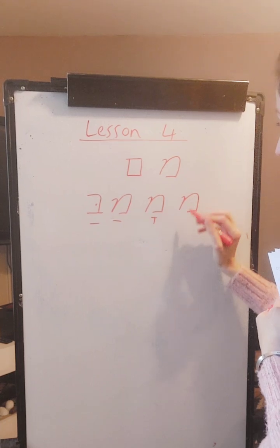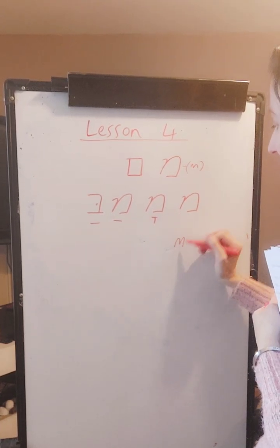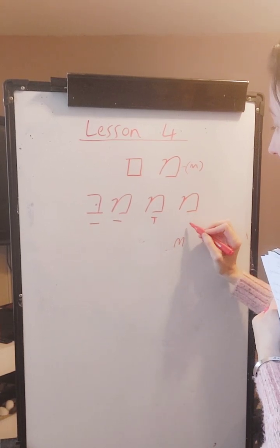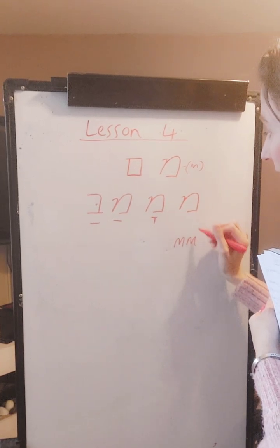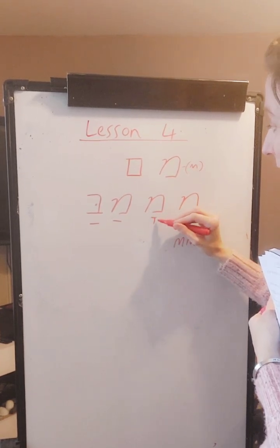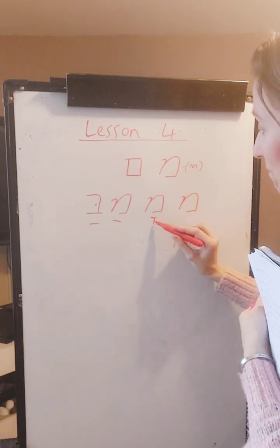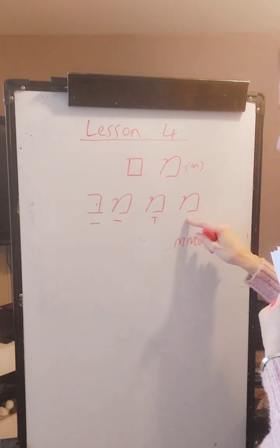So this is the letter M. So you say the sound of the consonant first, which is M. There's no vowel underneath, so it moves on to the next letter. It's the M again. And you've got the A vowel underneath. So sound of the consonant, add to the sound of the vowel, it's the A vowel. So you get ma. So that would read as mama.